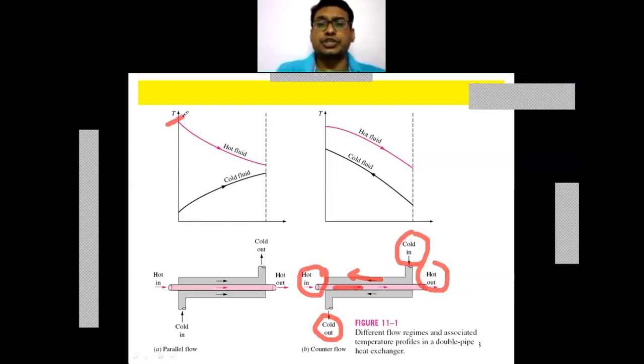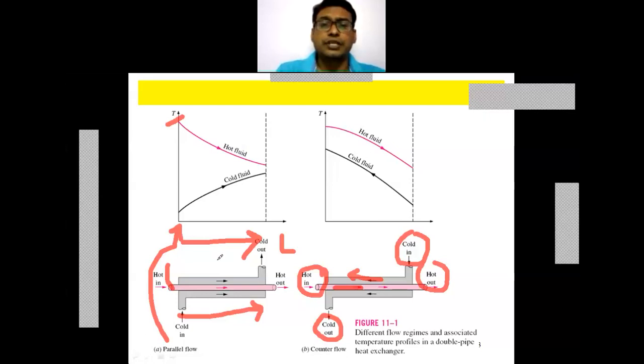How the temperature varies along the length of the heat exchanger is what will be observed. This is the length of the heat exchanger, this distance. This is for the parallel flow arrangement, where both the fluids are moving in the same direction.